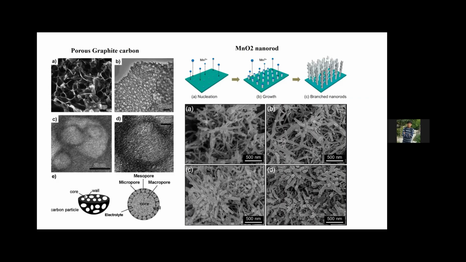And this is the porous graphene, as I will explain in freeze drying or the pyrolysis process, how these pores are created. Also, morphologically, nanorods grow during the hydrothermal process and give high supercapacitive performance. Nanorods are also applicable for higher performance.